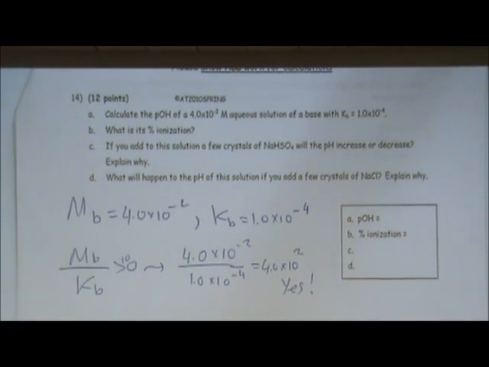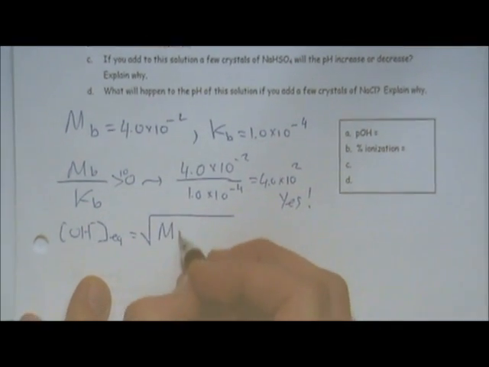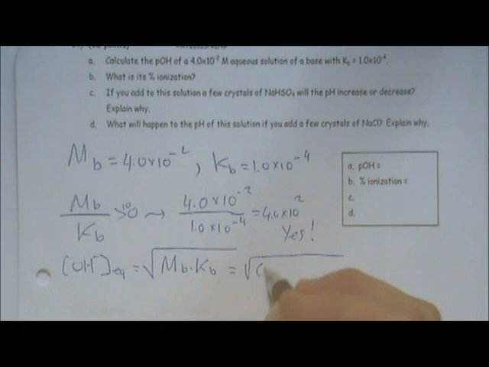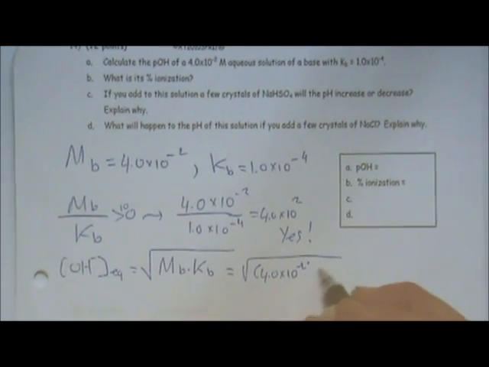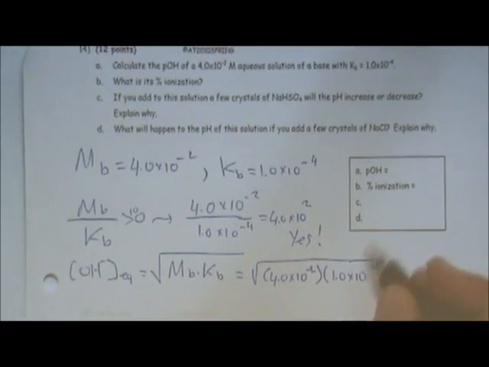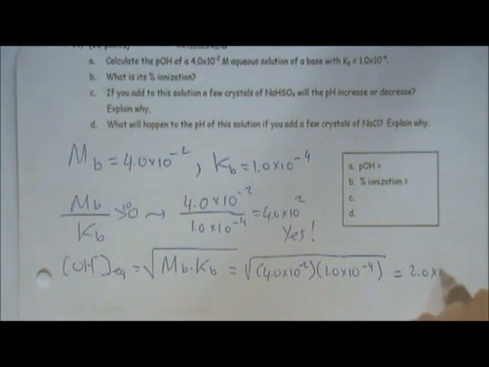We're talking about a base. So if you talk about the base, then you say hydroxide ions at equilibrium total will be equal to the square root of Mb times Kb. And if you put in the values and do the calculations, you find out 2.0 times 10 to minus 3.